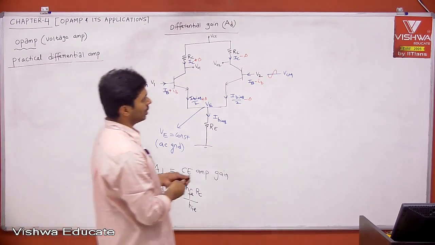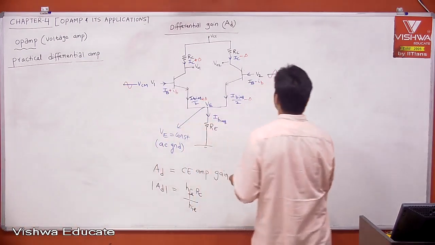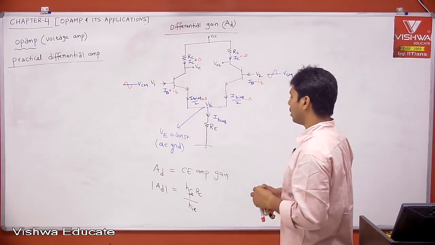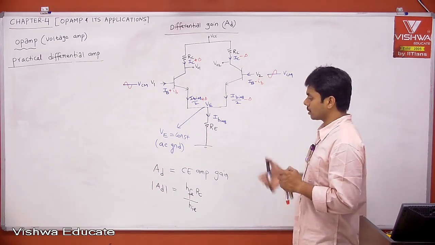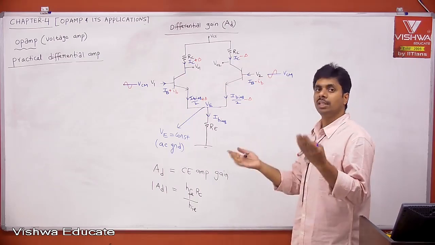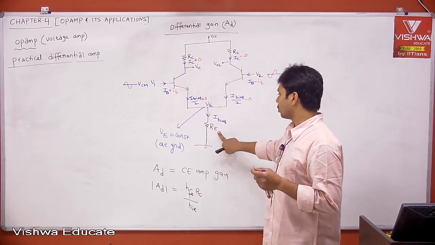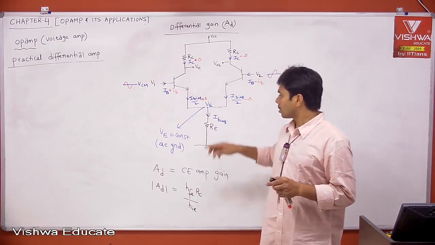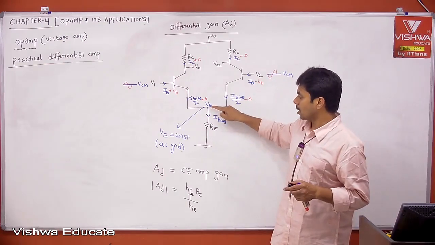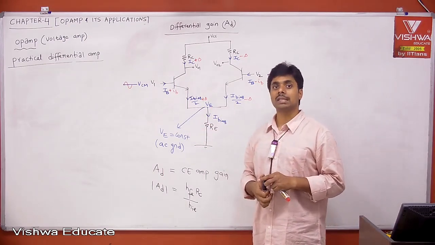And if you ask me, CMRR is not infinity, which is AD by ACM, because ACM is not 0 for this practical differential amplifier. But the differential gain is independent of whether it is an ideal current source, a practical current source, or a resistor, because VE is constant. If VE is constant, then it is treated as AC ground.